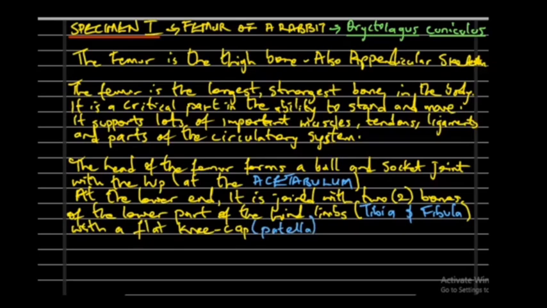This particular bone is also the site of production of bone marrow. So these are the things that we need to know about the femur bone of the Oryctolagus cuniculus.